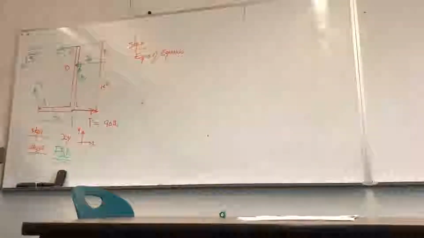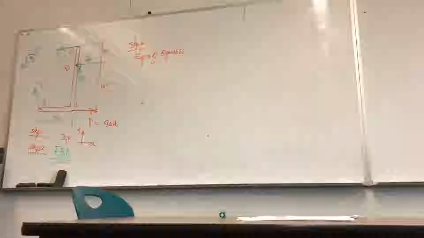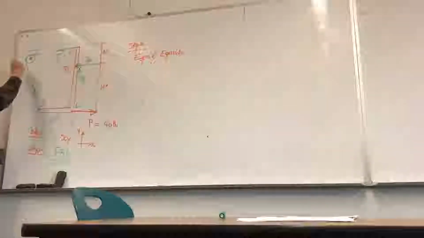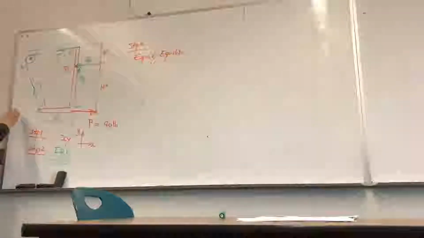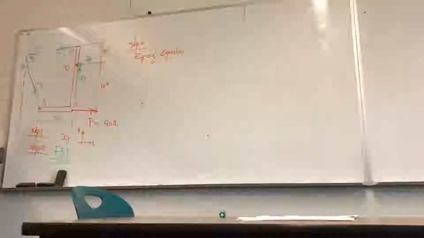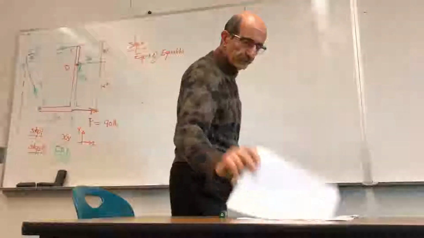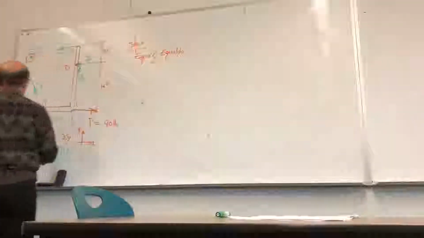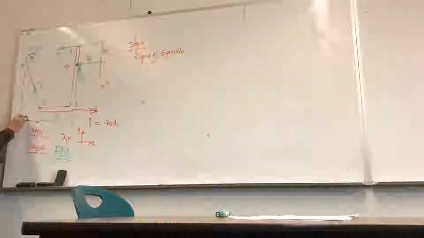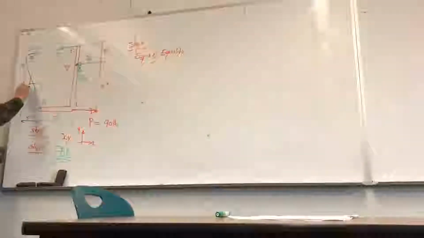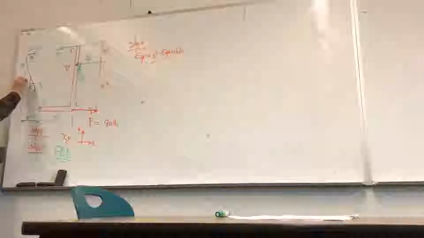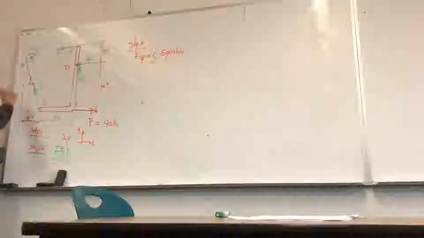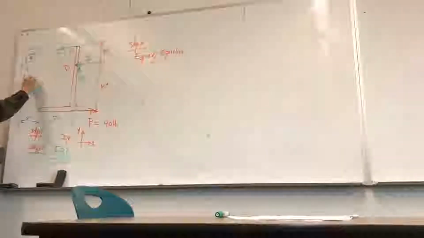Remember, don't ever forget, resolve this. The orientation of this is what? This distance is also given; I forgot to give it to you. I believe that was 5 inches. So this is 5 inches, so this would be 15 over 5, or 3 to 1, square root 10.